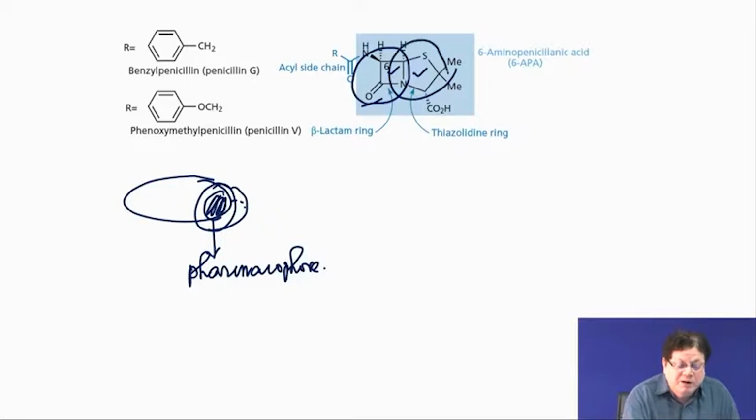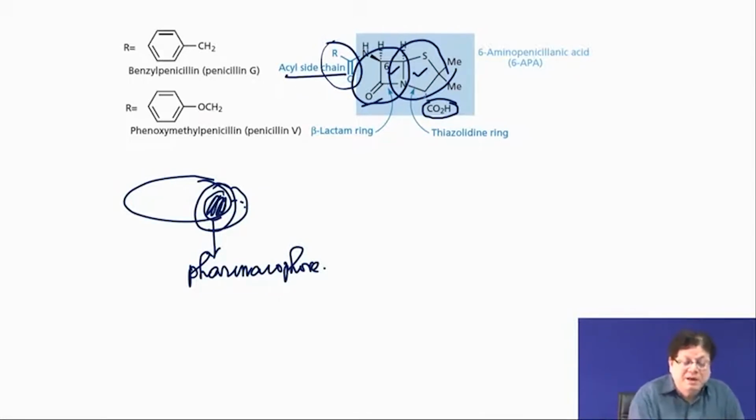That is the name of the heterocycle. This is beta-lactam fused to a thiazolidine. And then there is a substituent amine here which is acylated. So, you have an acyl side chain here, and you also have an alpha carboxy group attached to the thiazolidine ring. Now, this is the minimum.